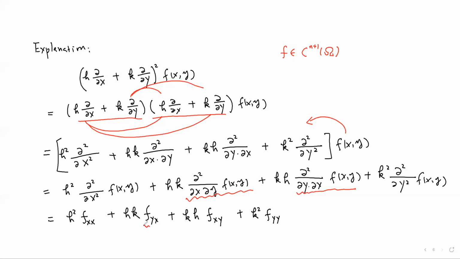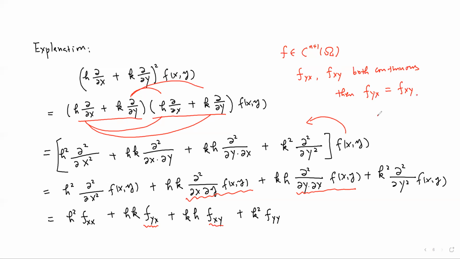Therefore f y x and f x y are both continuous on this rectangle omega. When these two derivatives are continuous, theoretically we can prove that f y x equals f x y.